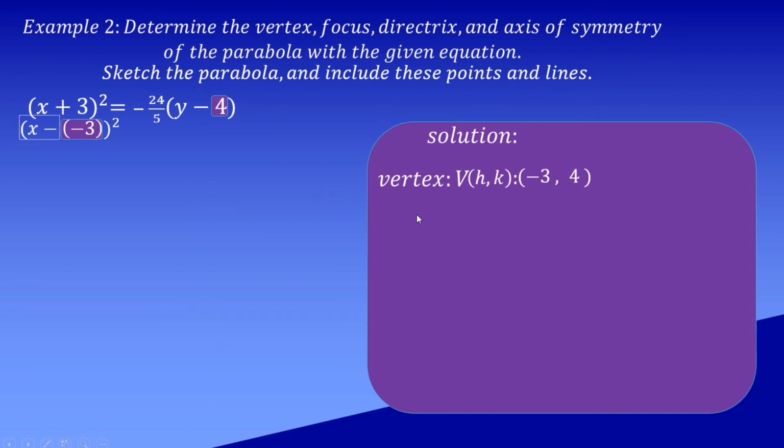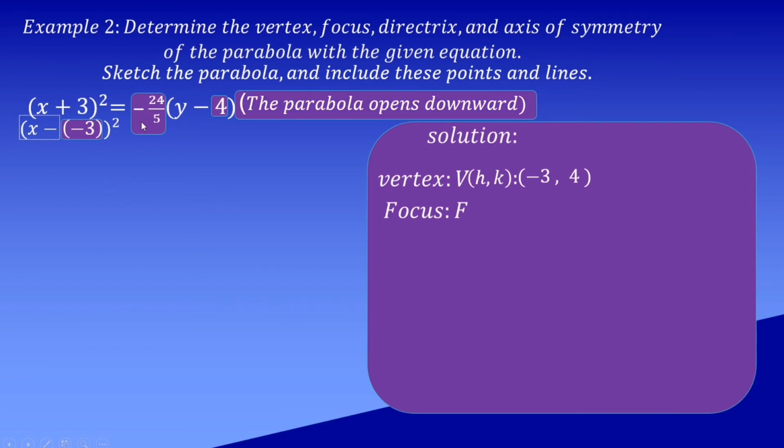Then next is the focus, represented by F. Before we get the focus, let's determine the -4c here. Since this is negative, the parabola opens downward. The x squared part comes first, so we use this template: (x - h)^2 = -4c(y - k).